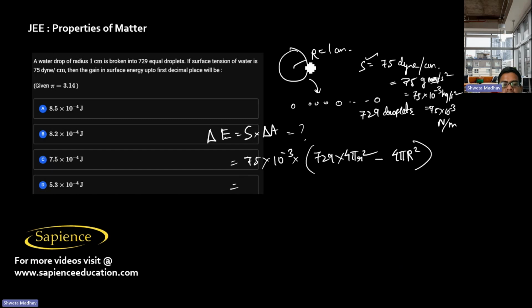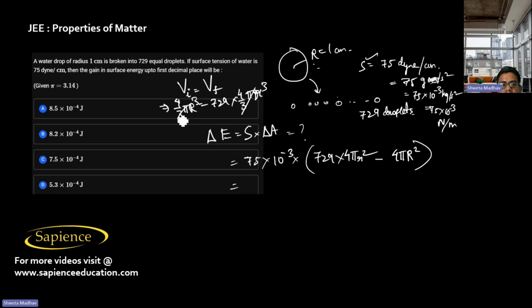So now here we can conserve the mass. By law of conservation of mass, the mass will remain unchanged. And since the density is same, the volume also will be unchanged. Means the initial volume equals the final volume, means 4 by 3 pi capital R cube is equal to 729 into 4 by 3 pi small r cube.